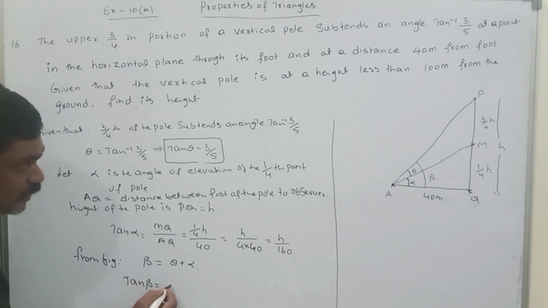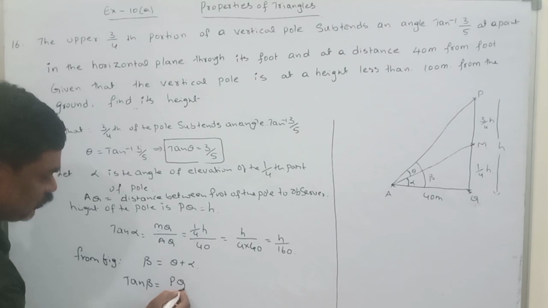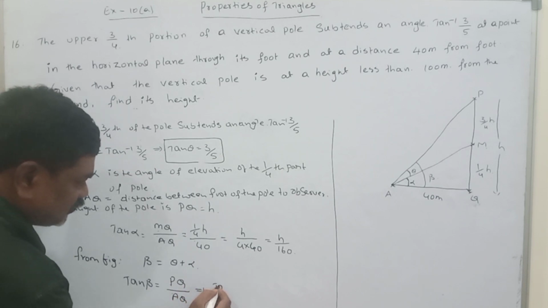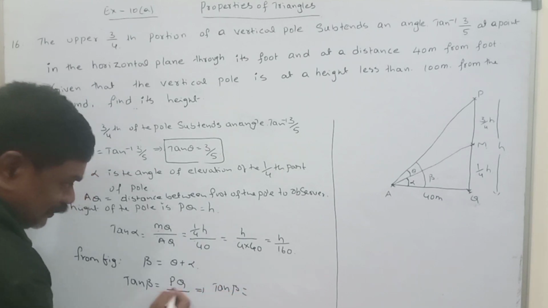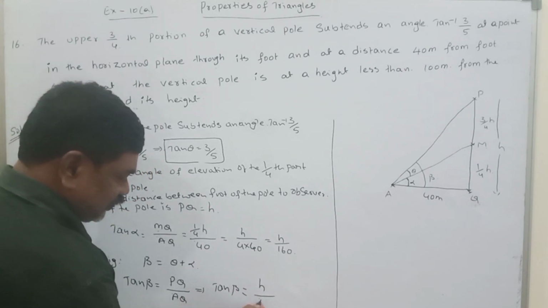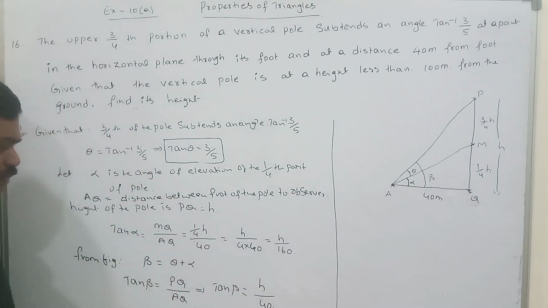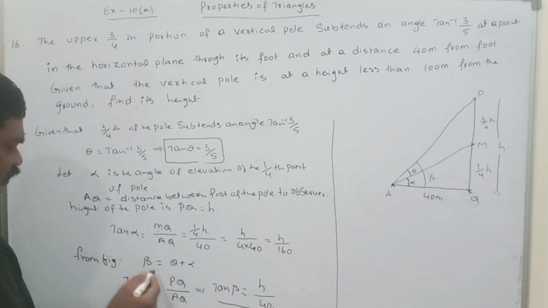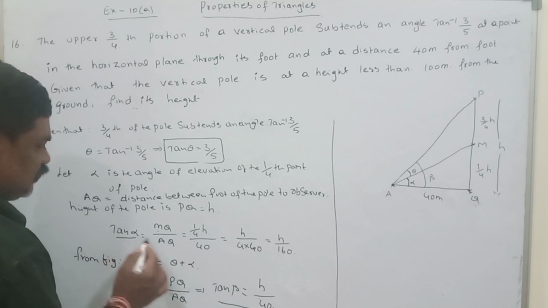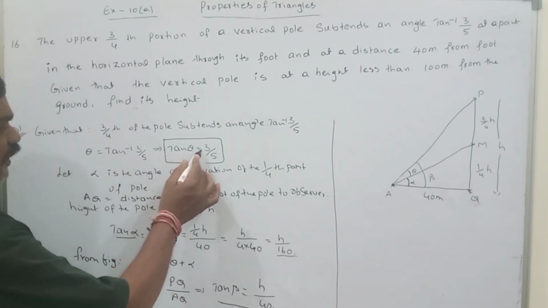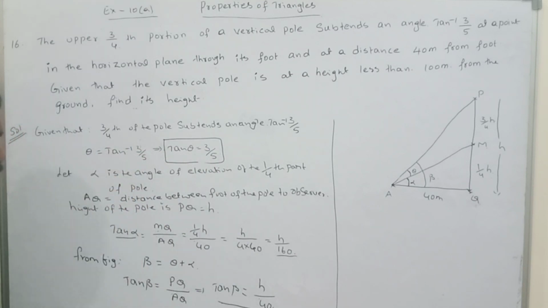Tan beta is equal to PQ by AQ, that is H by 40. This is tan beta, this is tan alpha, H by 160, and this is tan theta, 3 by 5.